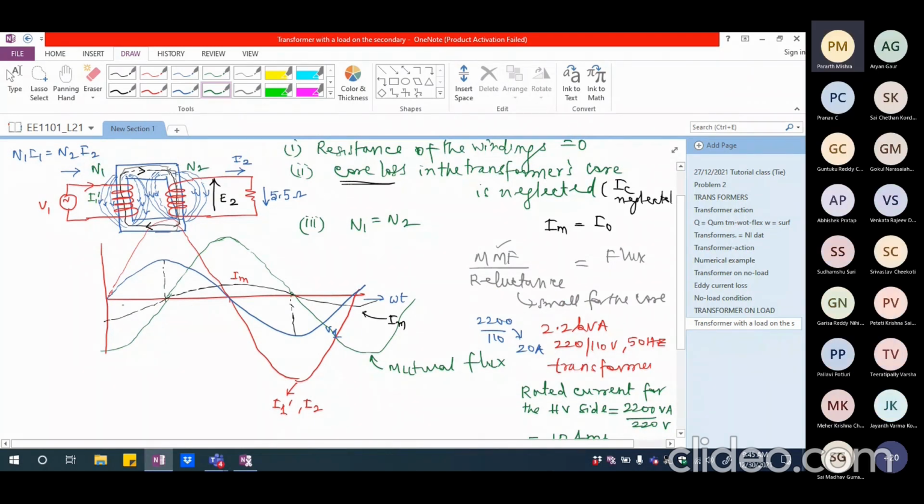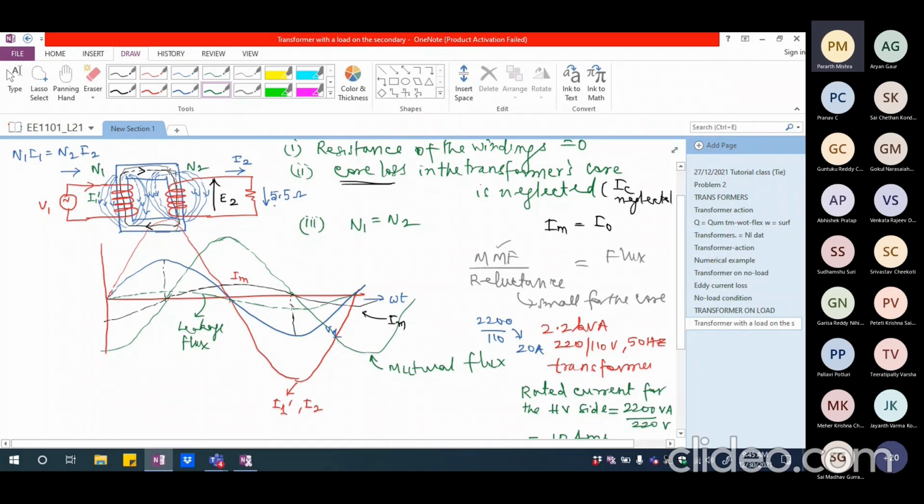So I'm going to have a very, very small amount of flux that is set up, which is going to be somewhat like this. So this is going to be the leakage flux that is set up because of either primary current or secondary current. So this is going to be the leakage flux. So the leakage flux will increase as the load current increases.